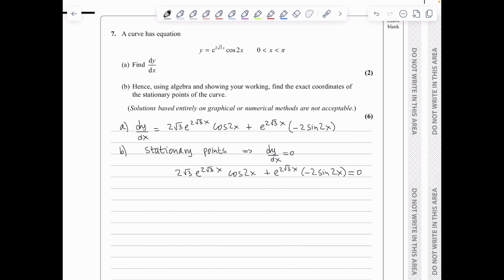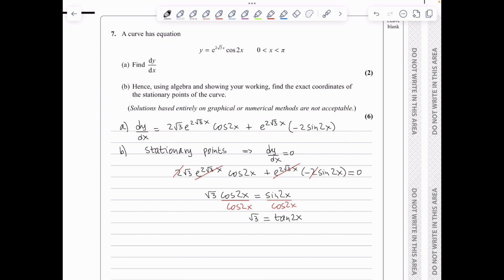I will start by dividing throughout by e to the 2 root 3x. I will also simplify the 2, and this leaves me with root 3 cos of 2x is equal to sine of 2x. I will then proceed by dividing both sides by cos of 2x. So what we will be looking at is root 3 is equal to tan of 2x.